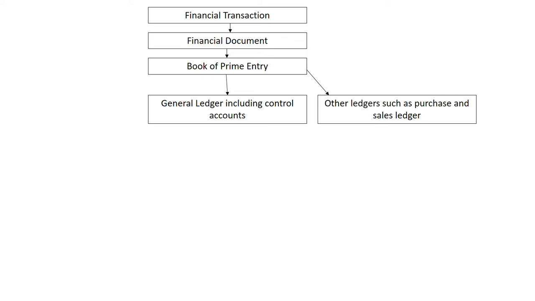But also, we're putting it as another posting. So it's an additional posting, not part of the double entry bookkeeping system, not part of your double entry bookkeeping within the general ledger, but into another ledger, such as the purchase ledger or the sales ledger. Now, why is that going to happen?